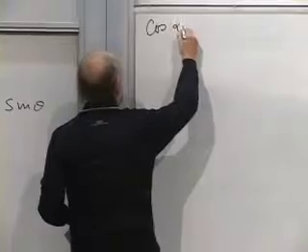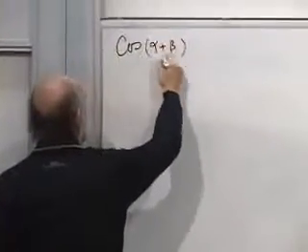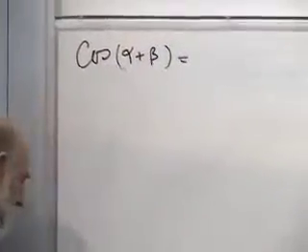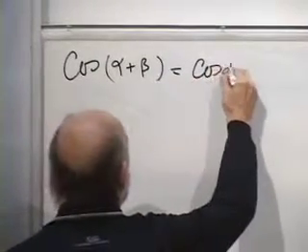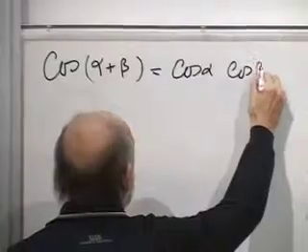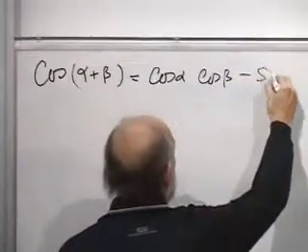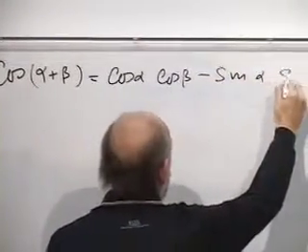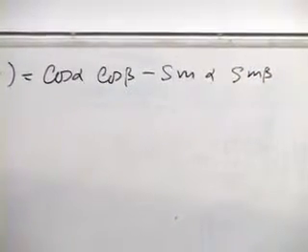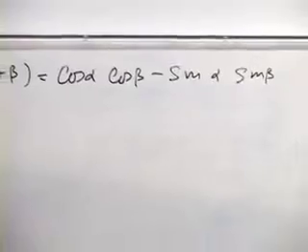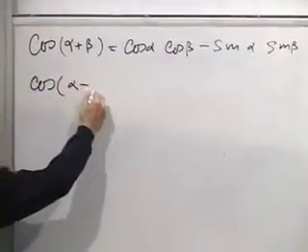Cosine of alpha plus beta equals, anybody know? Cosine alpha cosine beta minus sine alpha sine beta. While we're at it, we're going to also want cosine of alpha minus beta.